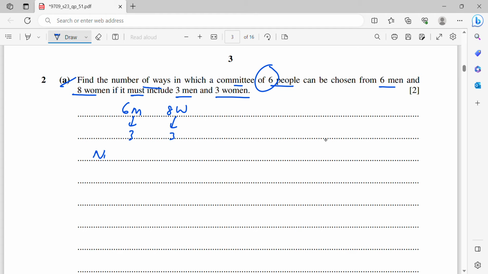So obviously this is combinations. So the number of ways will be 6C3 times 8C3. So 6C3 is 20, 8C3 is 56. Therefore, you will be getting 1120.